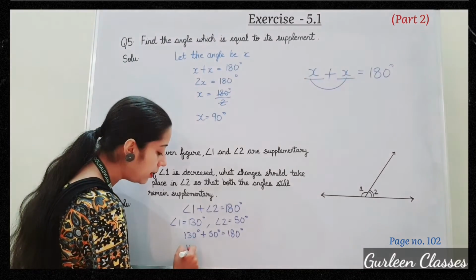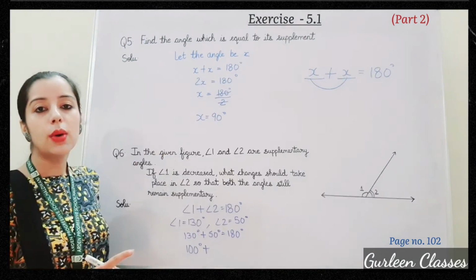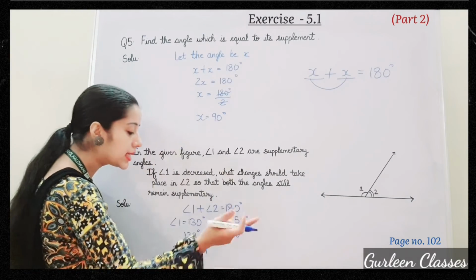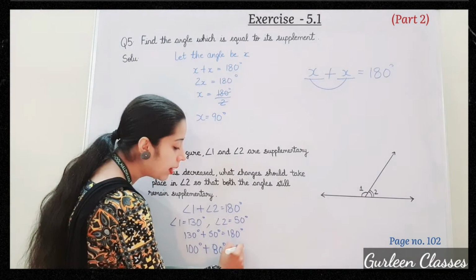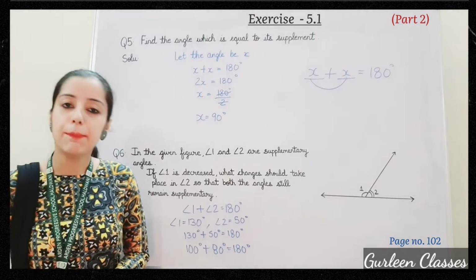So it will be 100 degree, plus उसी एंगल को आप इंक्रीज करेंगे एंगल 2 में. So 50 degree plus 30 degree is 80 degree, that is equal to 180 degree. So both the angles still remain supplementary.